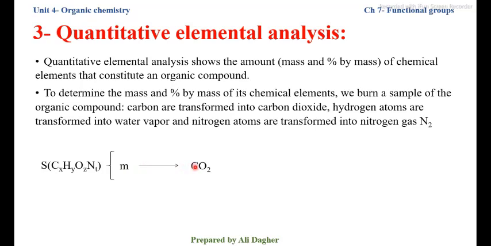By complete combustion, we obtain CO2 of mass m, water vapor of mass m, and nitrogen gas of volume V. Based on this result, we will show how to determine the molecular formula of this compound.